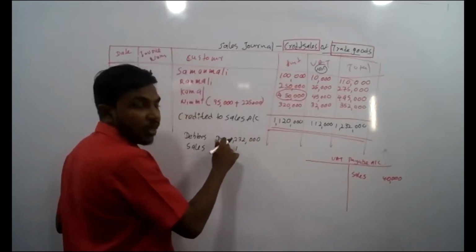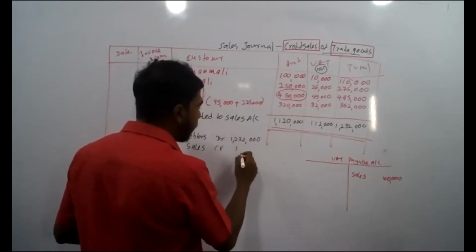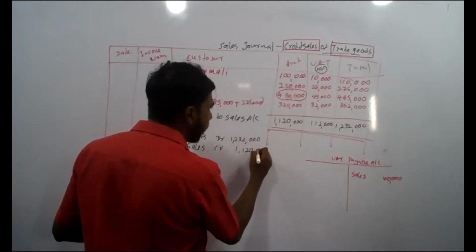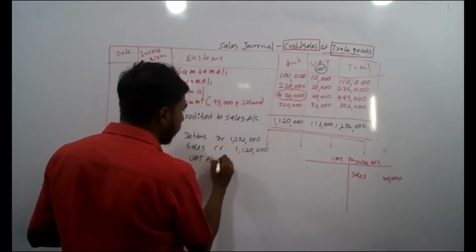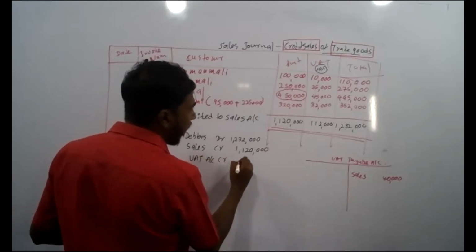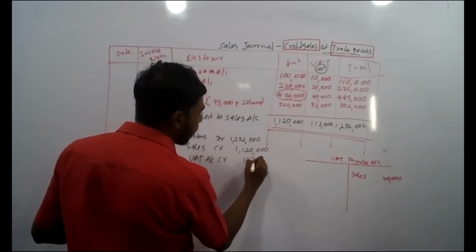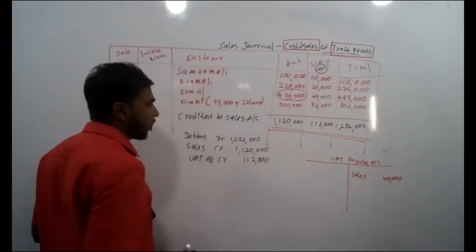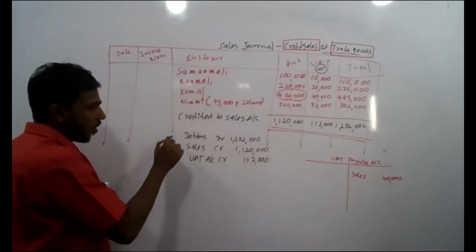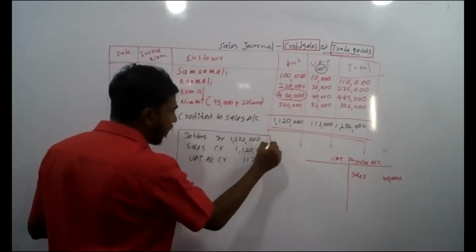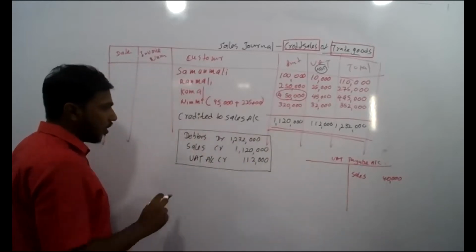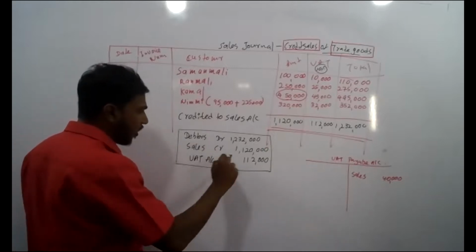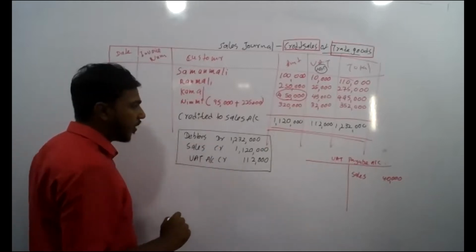Debtors debit because you are going to collect with VAT now. Then sales should be credited. Then the VAT account should be credited 112. Clear? So this is the double entry: debtors debit, sales credit, VAT account credit 112.